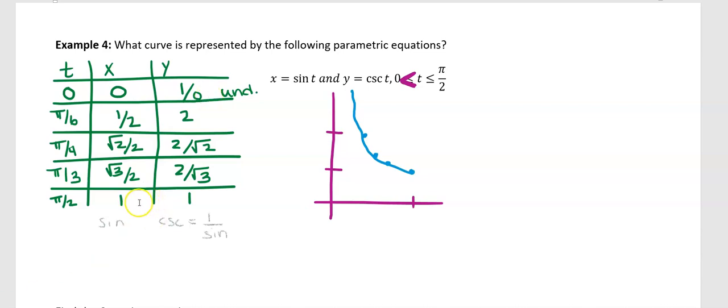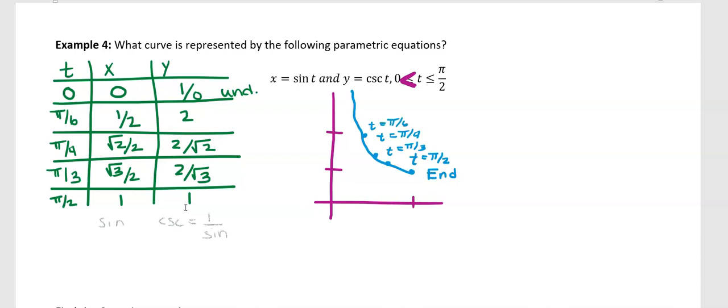So my terminal point here is really 1, 1, and this is really the end of this. It's kind of hard to write the start of it since we have that asymptote there. But you can label your points. So this would be at t equals pi over 2, t equals pi over 3, t equals pi over 4, and t equals pi over 6.